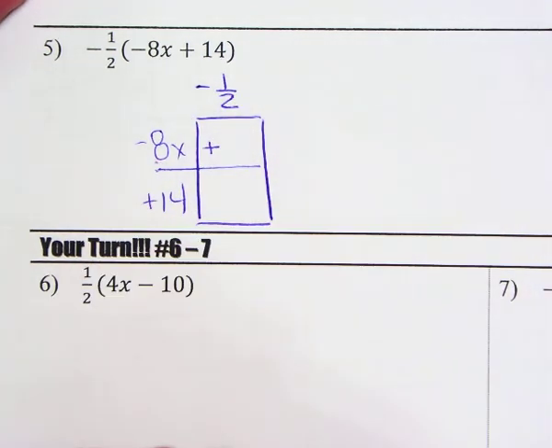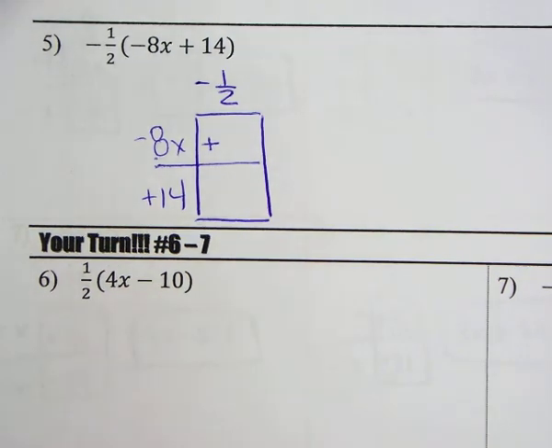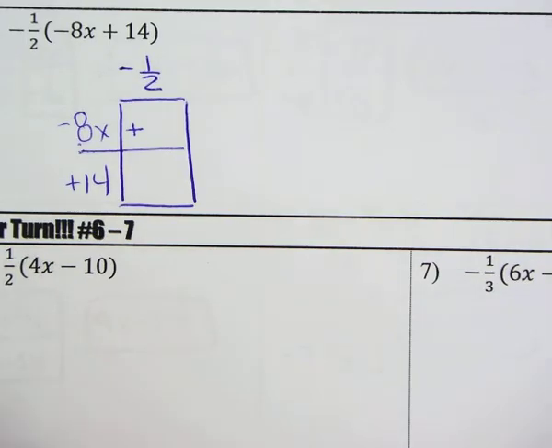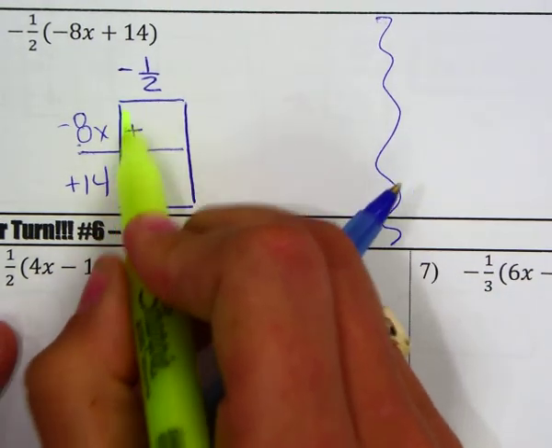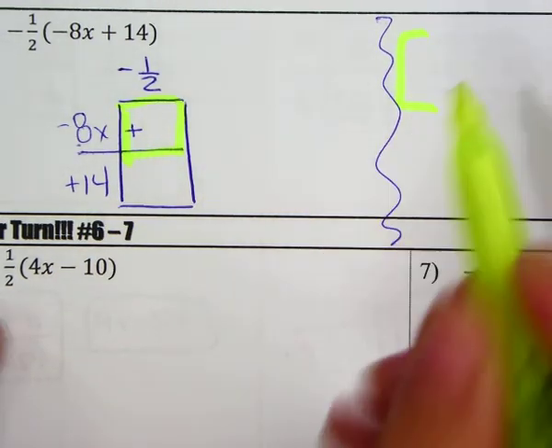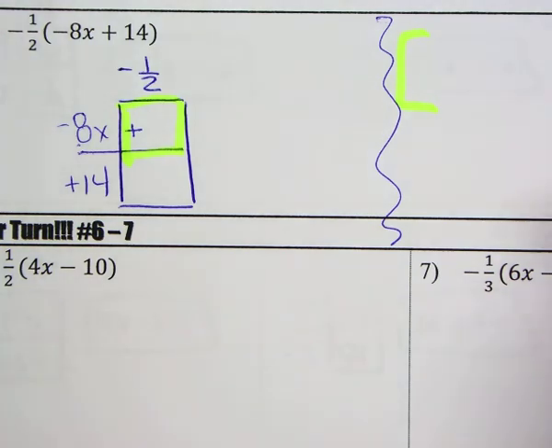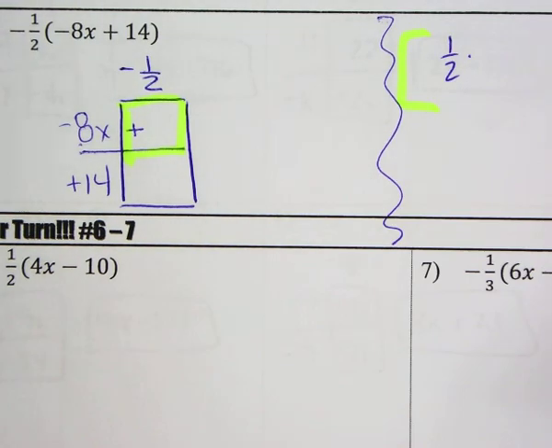1/2 times 8. We might not be able to do that in our head. So what we're actually going to do is we're going to come over here and do some scratch work. So it's 1/2 times 8.